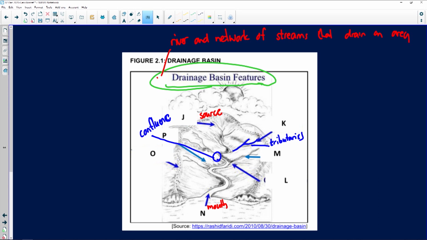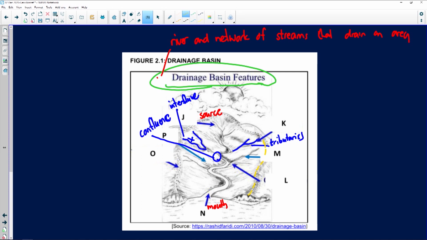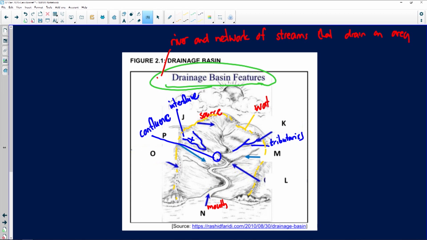The high-lying area separating one tributary from another is known as an interfluve. What separates one drainage basin from another is known, I just want to use a different color pen, as a watershed.